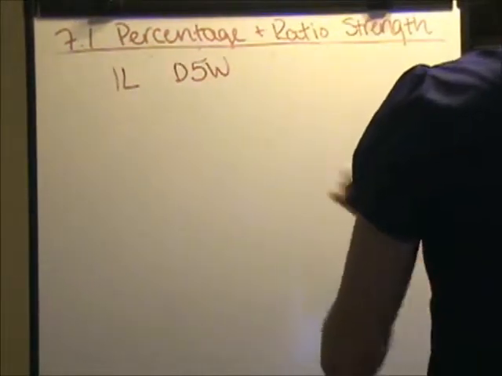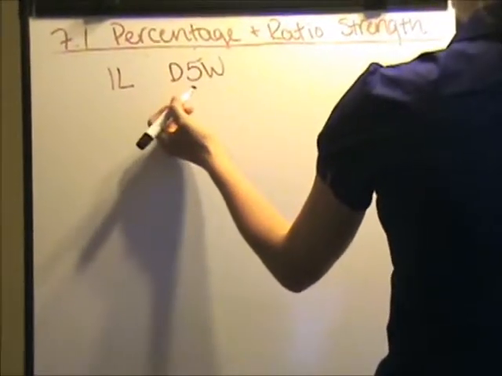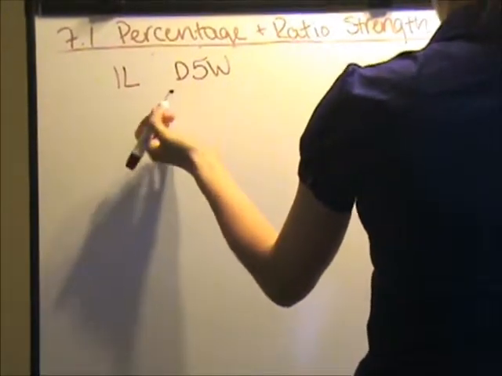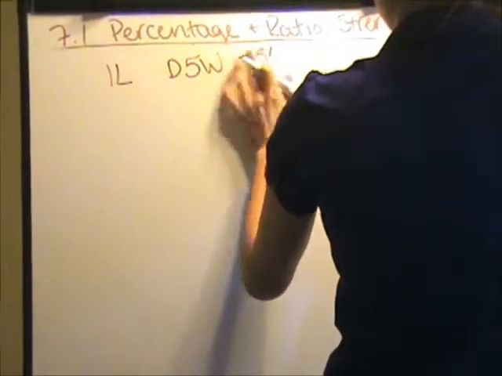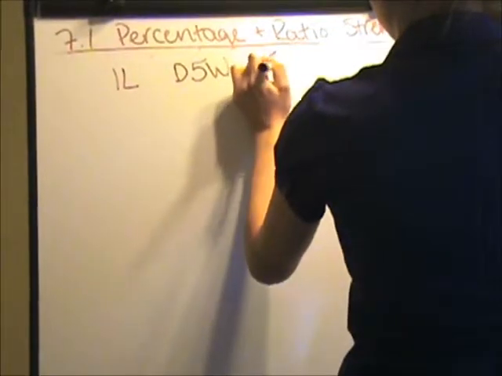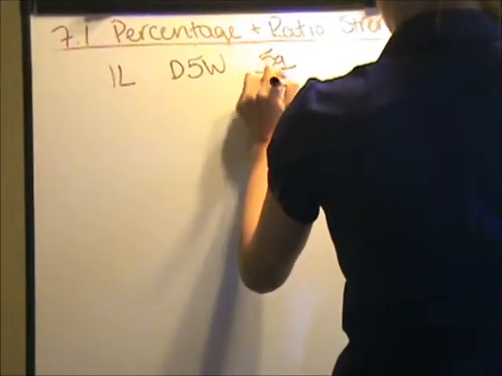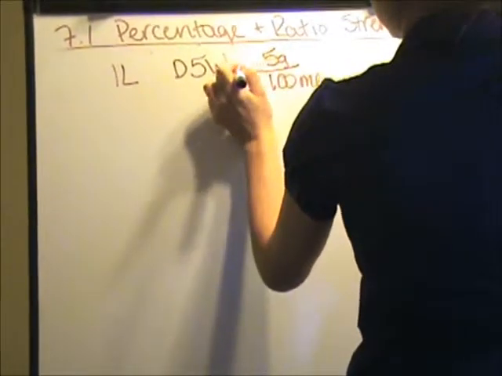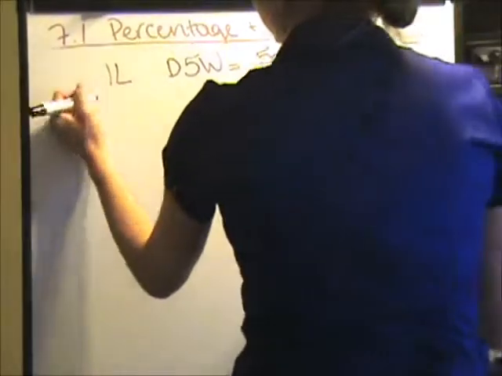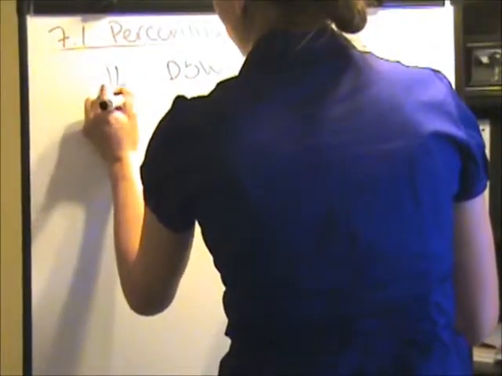So again, note that dextrose D5W means dextrose 5% in water, or a concentration of 5 grams over 100 milliliters. So that's important to remember. And of course we know that 1 liter equals 1,000 milliliters.